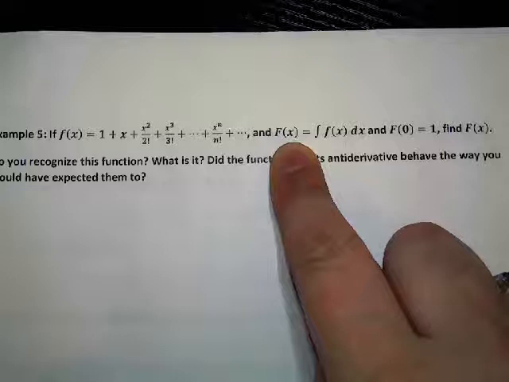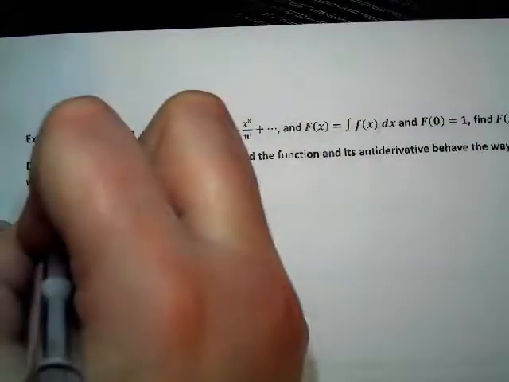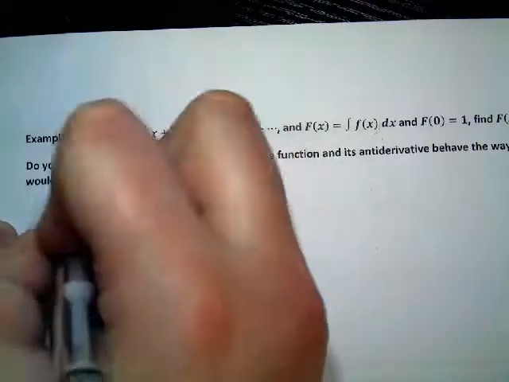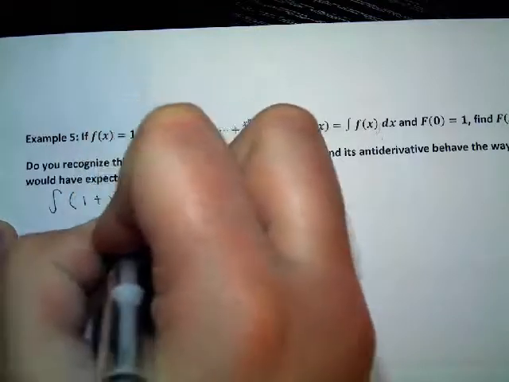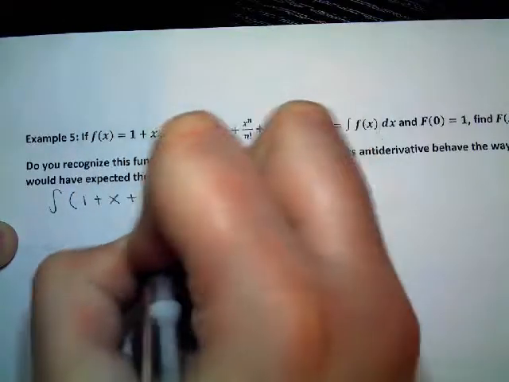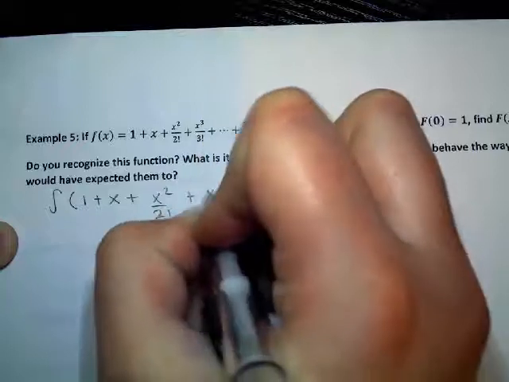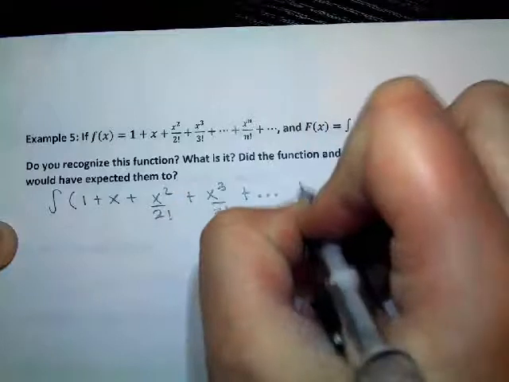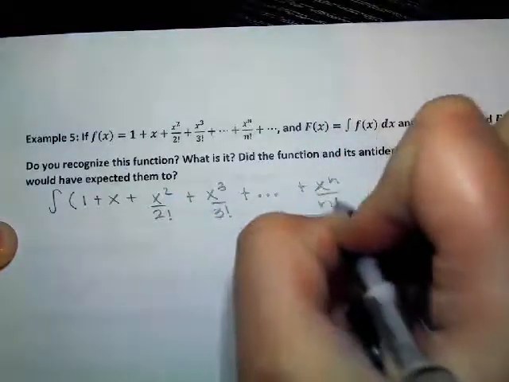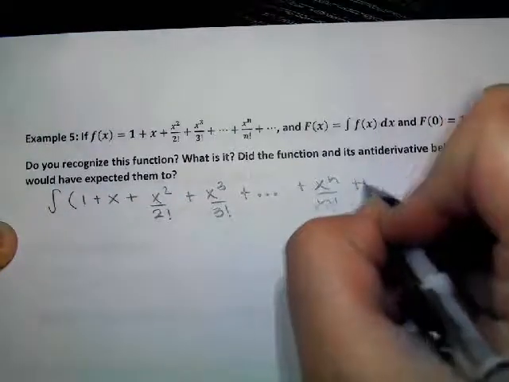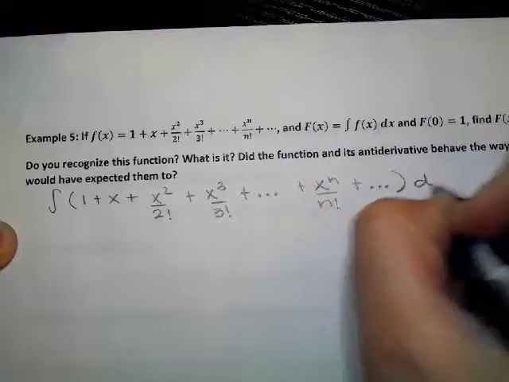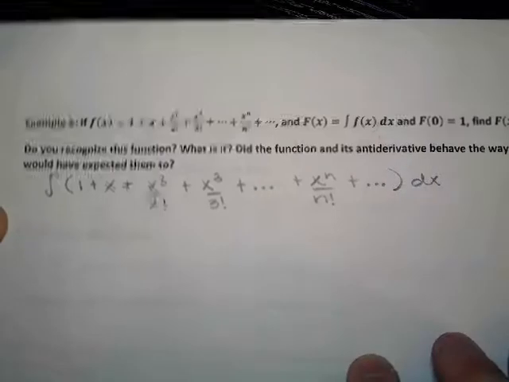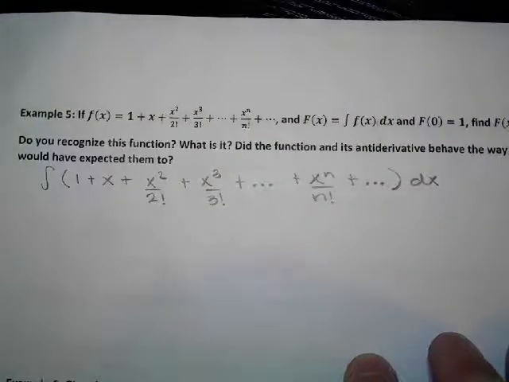All right, so we're going to go ahead and take the antiderivative of e to the x: 1 plus x squared over 2 factorial plus x to the third over 3 factorial plus... so there's our integral of e to the x.